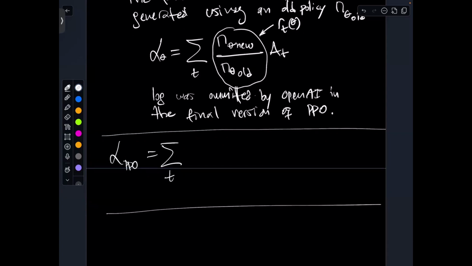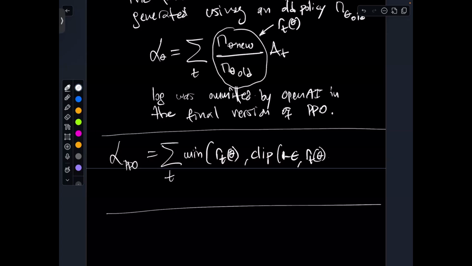So what they have done is provide an expression like min of r t of theta, comma, clip of 1 minus epsilon, comma, r t of theta, comma, 1 plus epsilon, and then this is times A of t.